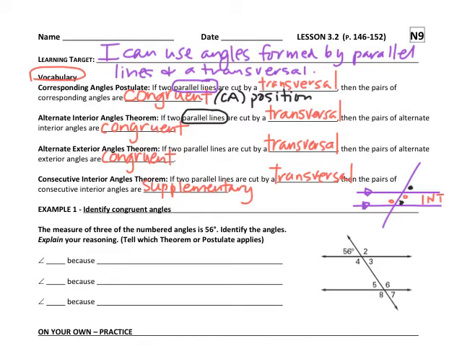The next type of angle pair is the alternate exterior angle pair. These two are also going to be on parallel lines, and if those parallel lines are cut by a transversal, we're going to have alternate exterior angles, the ones that I just put the X in, and we can abbreviate these AEA.